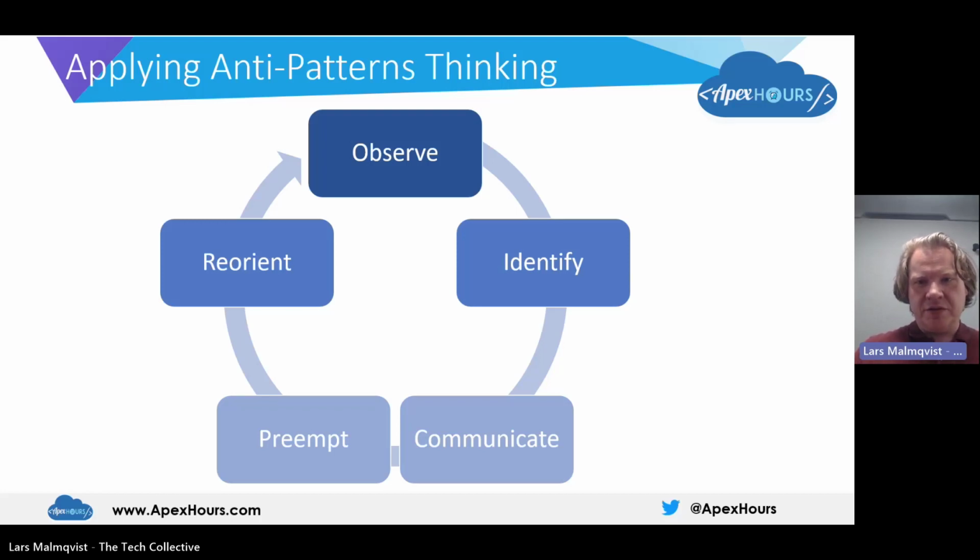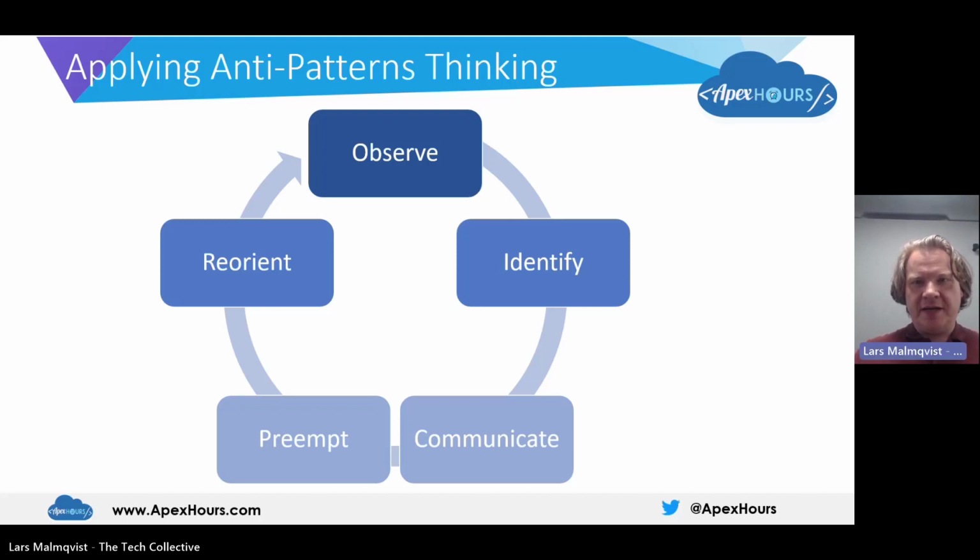Although they say they're using the same, they're not really doing it the same way. And I think that's going to be a problem, right? Being concrete and naming it is really key to being able to communicate it effectively. So that also obviously requires you to familiarize yourself with the common Salesforce anti-patterns and how to recognize them in your system.